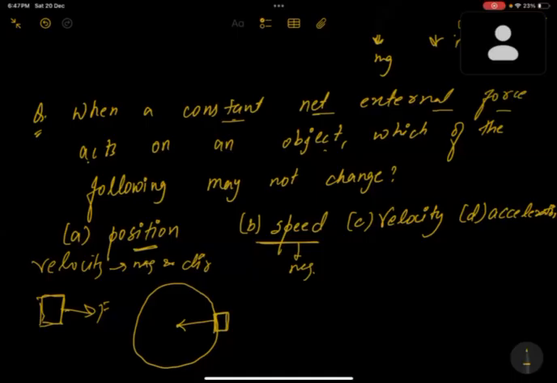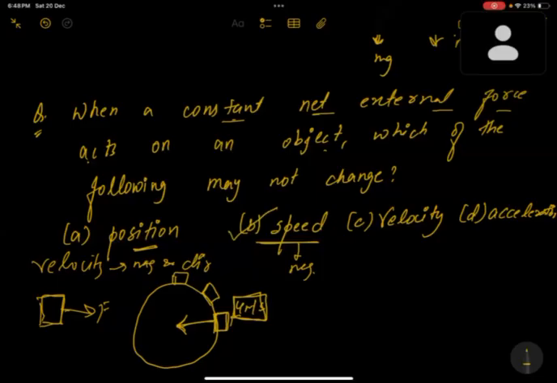If it is moving constantly with 4 meter per second and is only changing direction because of this force, its speed, that is its magnitude, might not change.